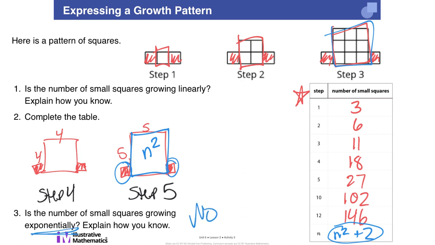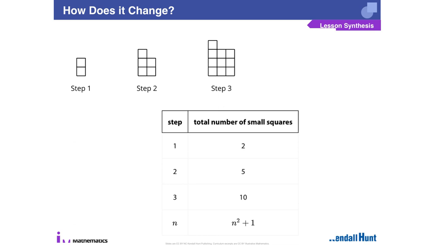We're going to have to say no, because we do not have a common factor here. I'm multiplying by 2 to go from 3 to 6, but then if I multiply by 2 again, I do not get 11. So we don't have a common factor, so it's not exponential growth. And that's because of the n squared term that is making it a quadratic function.